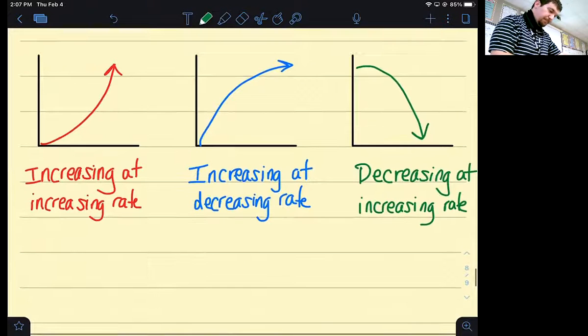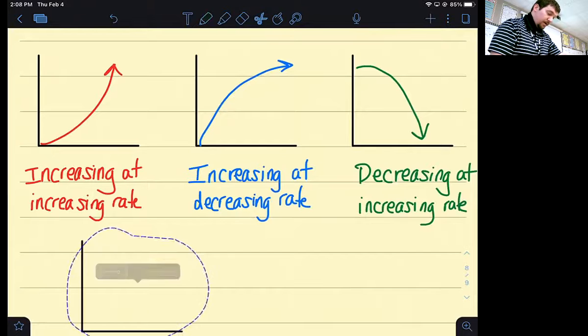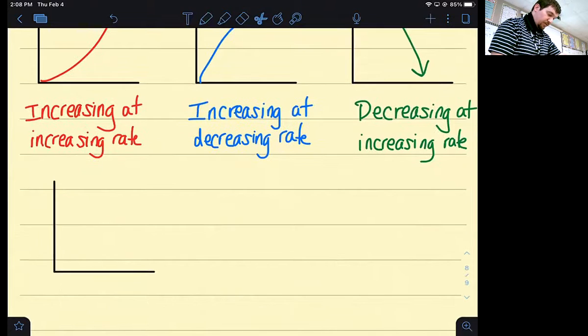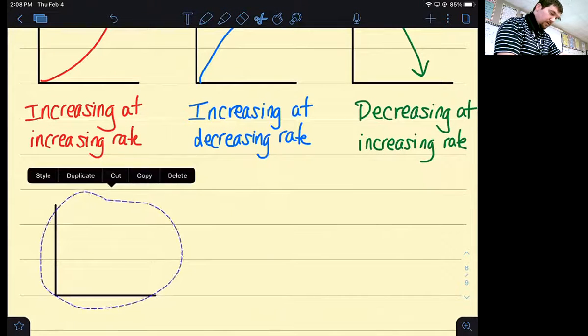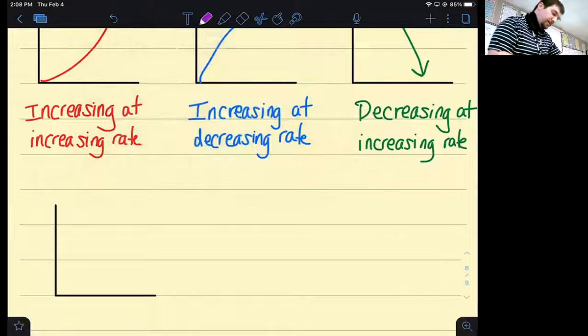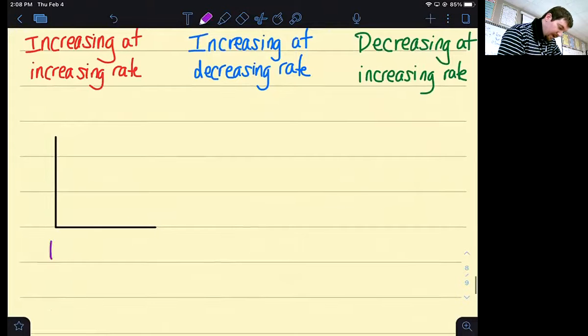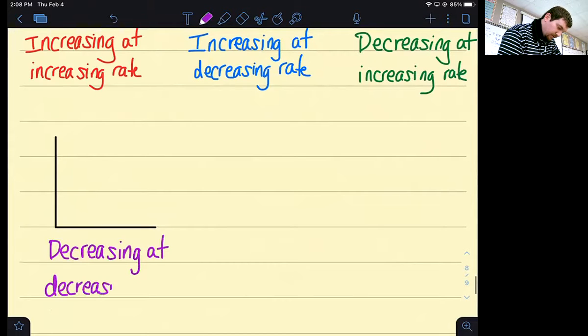And then we have decreasing at a decreasing rate. And that's going to look like this.